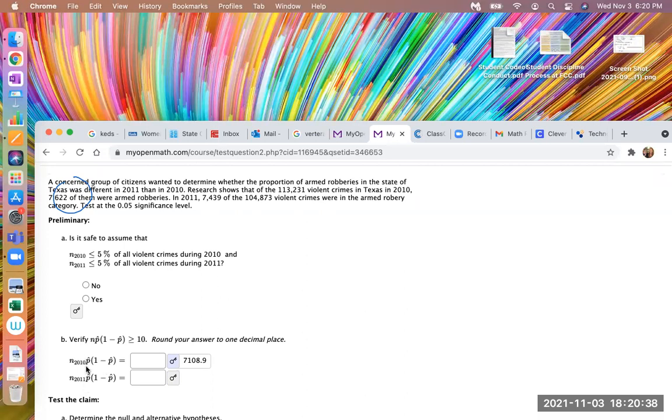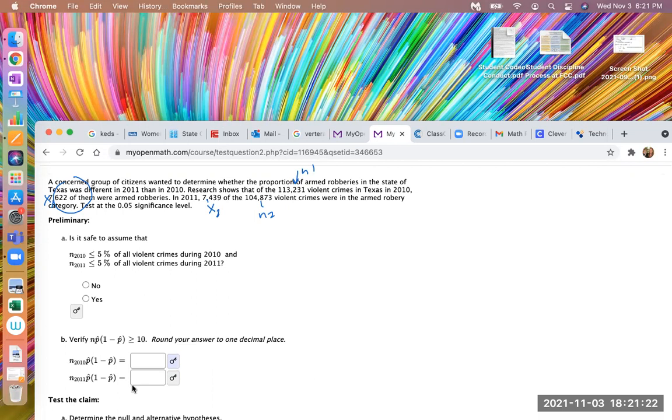So that's just further proving my point here that this p hat, this is my x1, and this is my n1, this is my x2 right here, and that's my n2. When I first read this problem, I thought maybe that this number was the large n, but no, that's not the case.